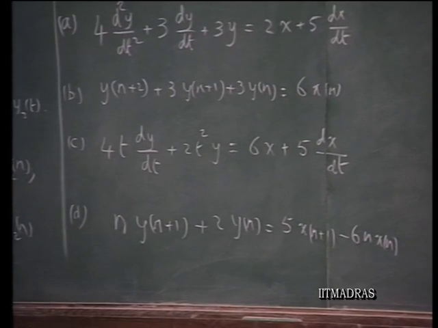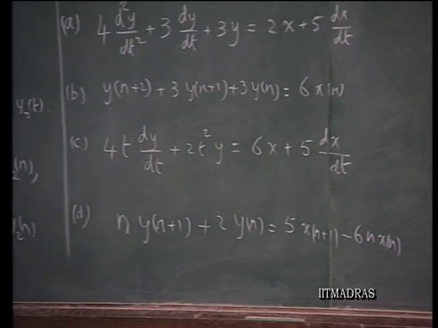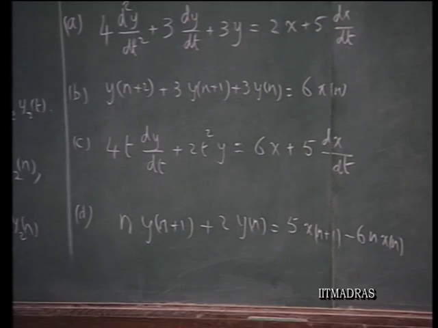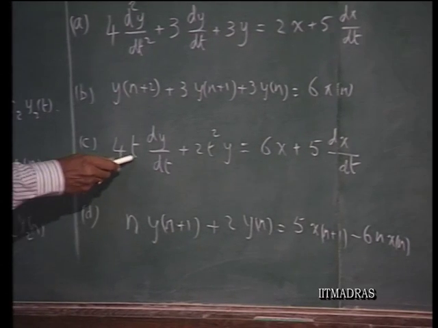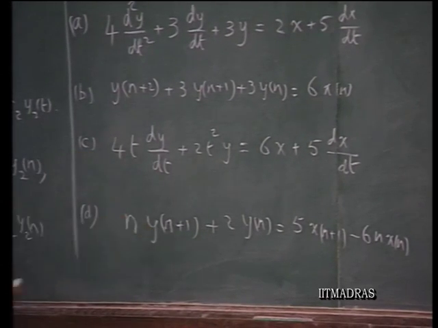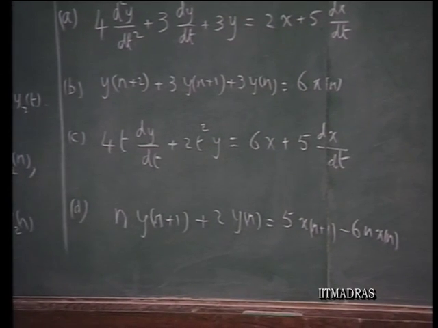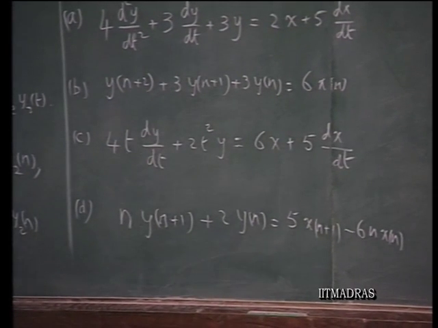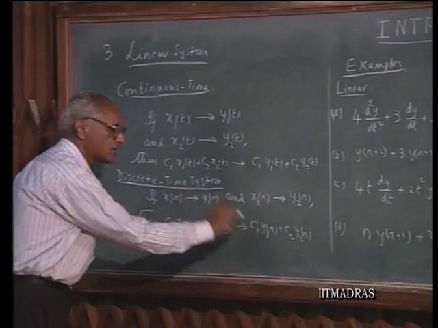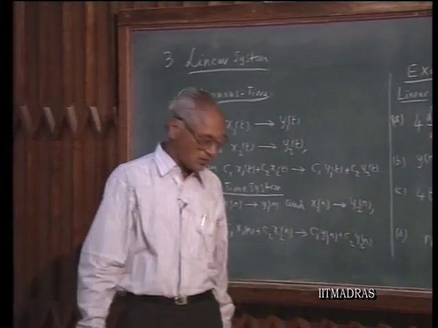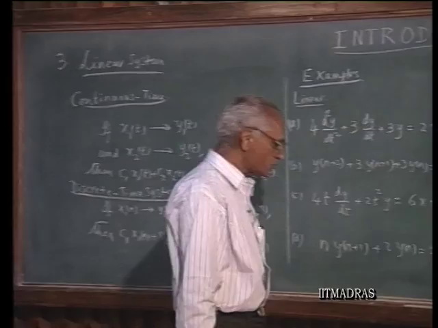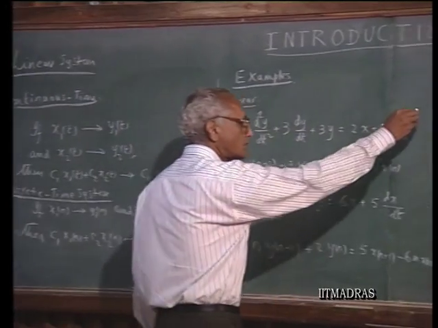At least in this location, you have got n times y of n plus 1. The independent variable here is t, the independent variable here is n. Therefore, if the coefficients are functions of the independent variable, still it is a linear system. It satisfies this kind of relationship, and therefore, these are examples of equations which pertain to linear systems.